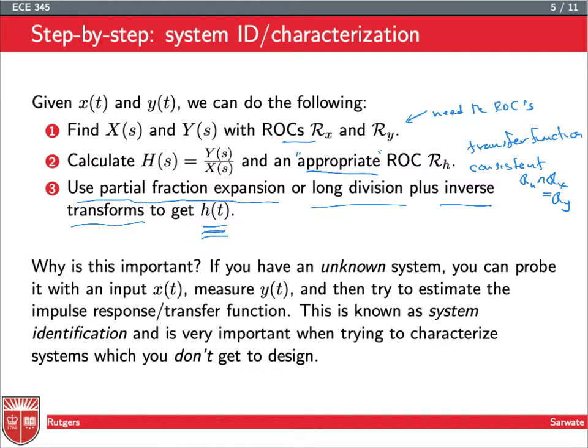So just to reemphasize the point I brought up at the very beginning, this is a really important process because if you have an unknown system, that is, you're given black box access to a system, you can design a probe X, measure Y, and then try to estimate the impulse response or the transfer function. This process is known as system identification, and it's a major topic in systems theory.